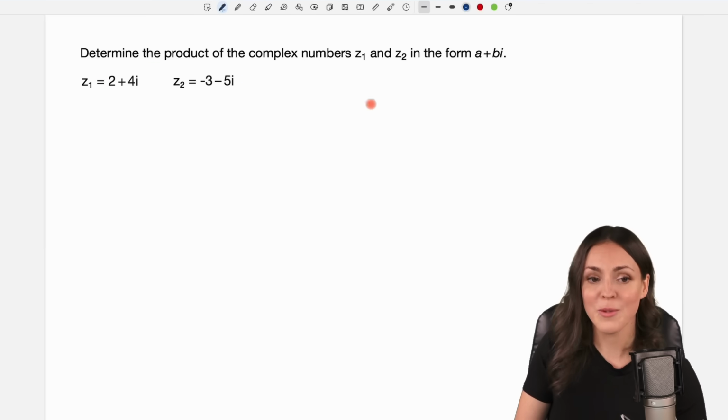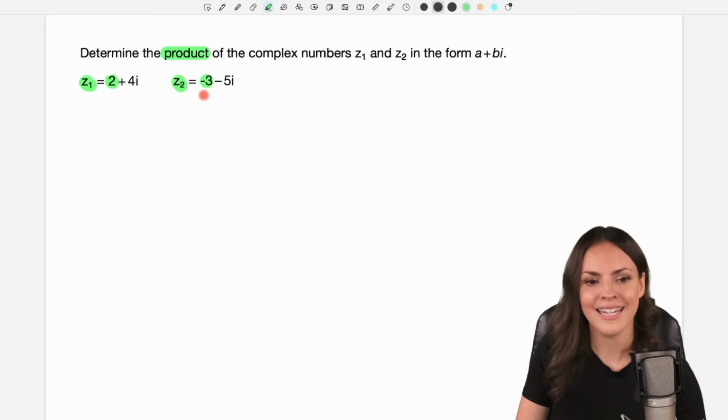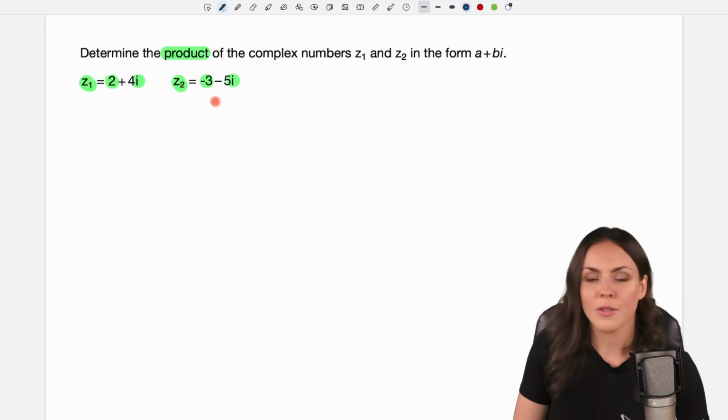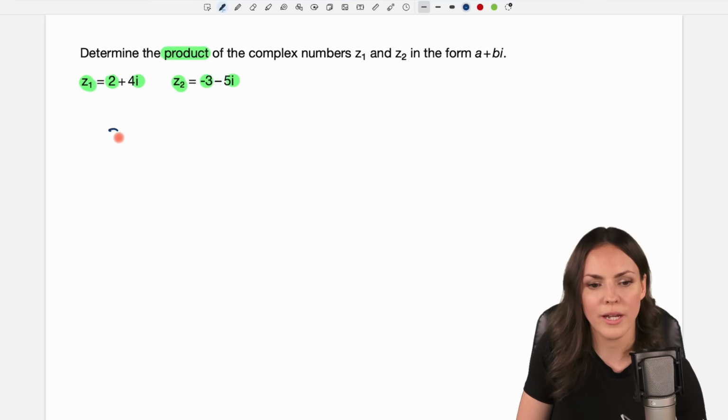Last example, we still want to find the product of our two complex numbers, and this time both numbers have a real part and an imaginary part. But the process is the same. We want to multiply these two. This time we have 2 plus 4i.